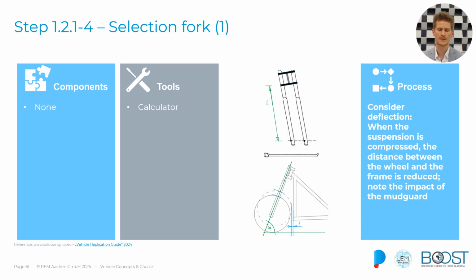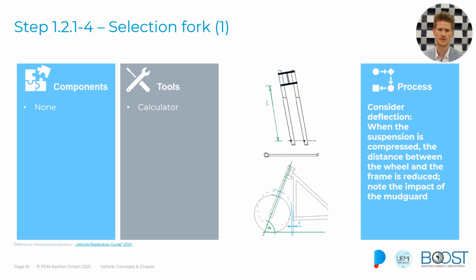Now the next step is to select the fork. What you have to consider is the travel again, or the deflection, when the suspension is in the compressed state. As you can see, this can lead to the fact that the front wheel might actually have contact with one of the support frames, so bear that in mind.